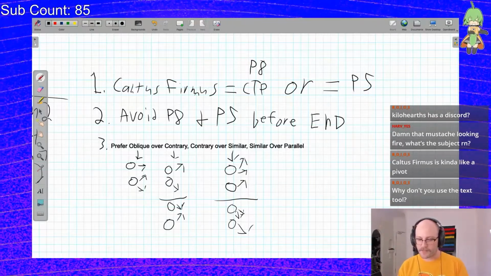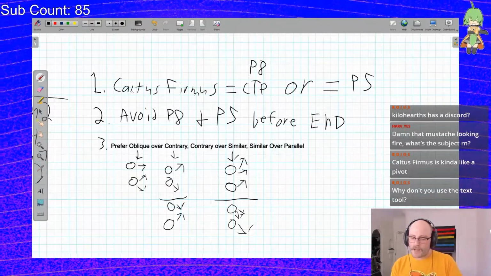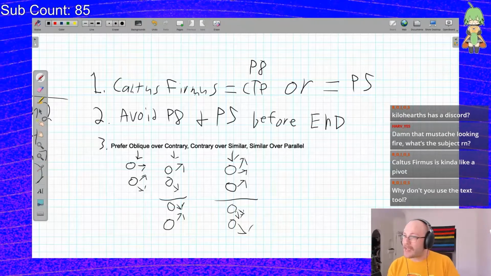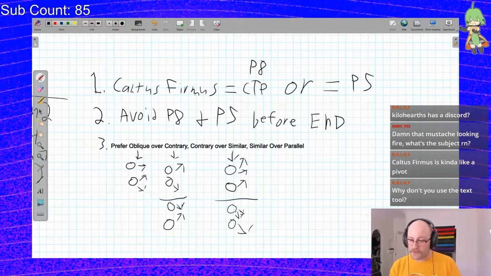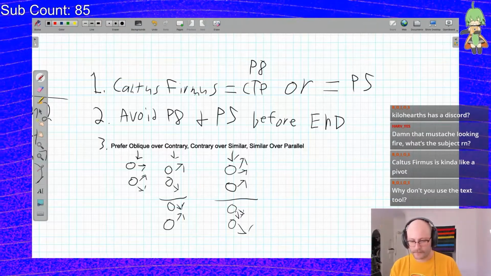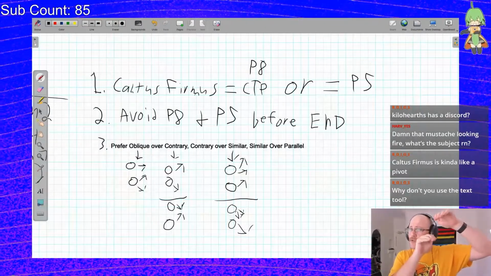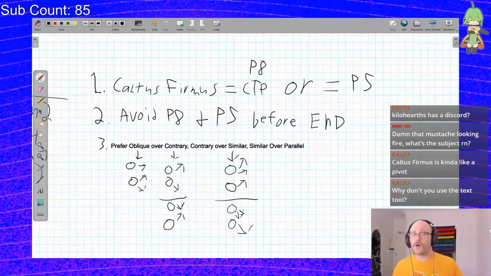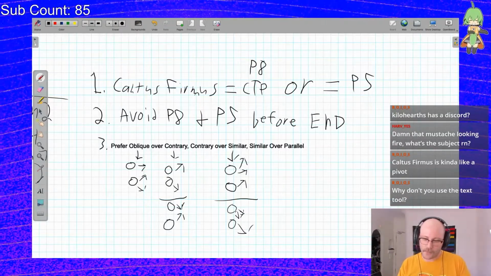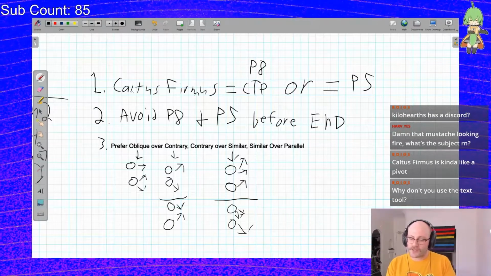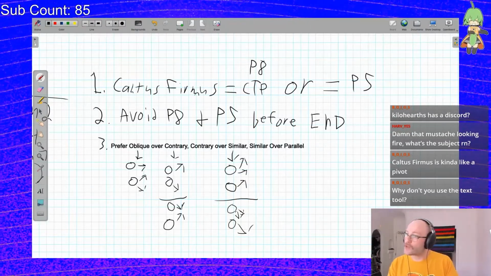This would be, for example, if I have C and G and my cantus firmus goes down to A, my counterpoint will go down from G to F. They're going in the same direction, but they're going different amounts. Or, as another one, if my cantus firmus is going to D, maybe my counterpoint goes up to the B.